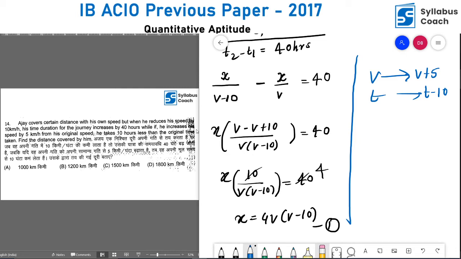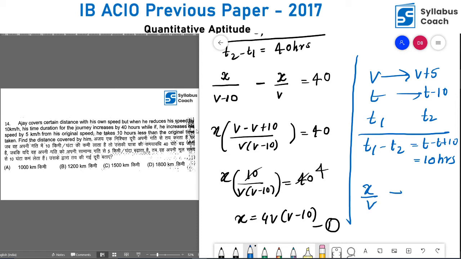Now if I want to know the equation for this particular case, this is T1 and T2. So I'll do T1 minus T2 because I want to get a positive difference, because it is T minus T plus 10. So it is 10 hours. So the difference is 10 hours. But what is T1? T1 is nothing but x by v.